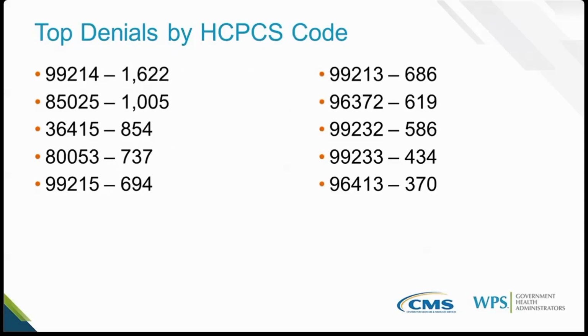So then folks, here are the top denials by HCPCS codes. 99214, 1622, and I think it's interesting that for the top rejections by HCPCS codes, the first two codes were the same. I just happened to notice that when I was preparing the PowerPoint. 85025, lab service 1005, denied by WPS. 36415, that venipuncture, I think that was also on the list of rejections, and so on and so forth.